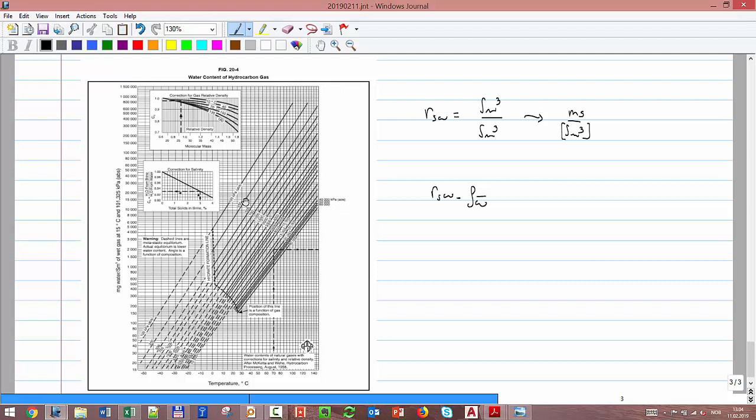That should give you kilogram per standard cubic meter. So that's exactly what is being plotted here: RSW times density of the water. And this density we assume is 1,000.